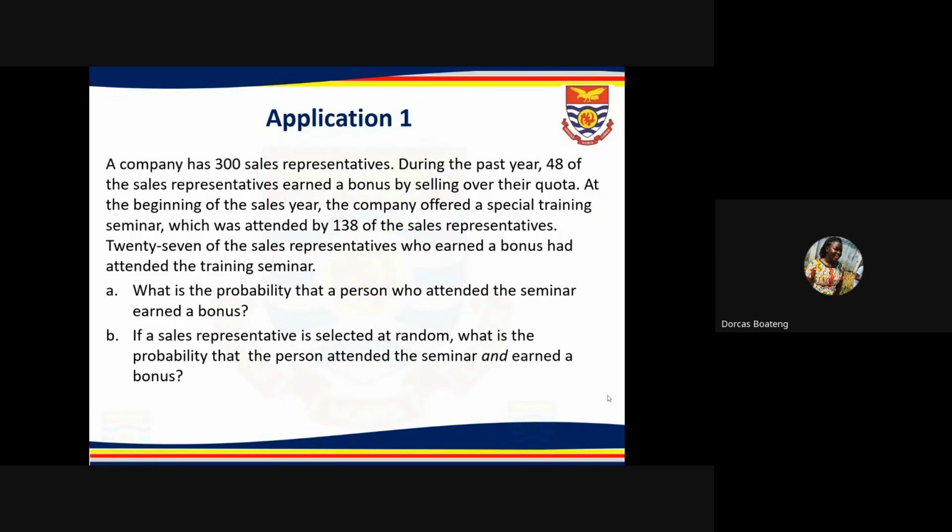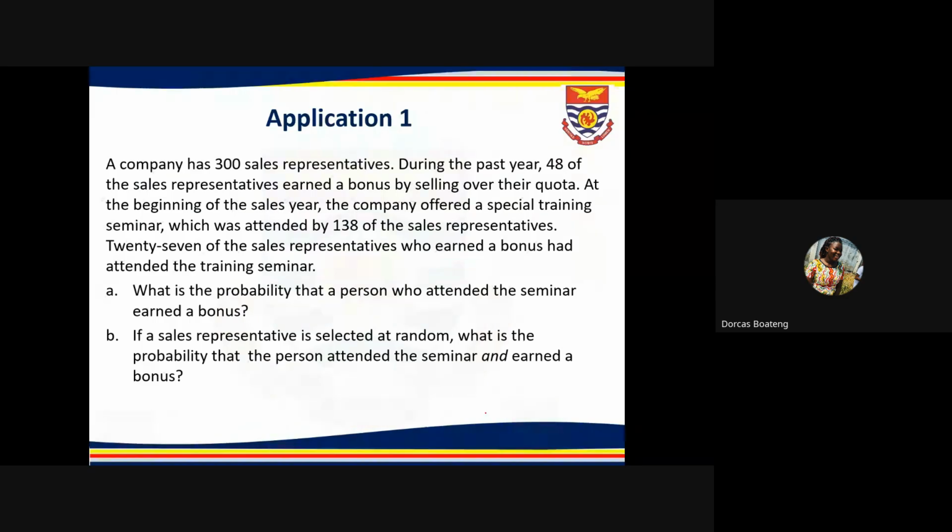A company has 300 sales representatives. During the past year, 48 of the sales representatives earned a bonus by selling over their quota. At the beginning of the sales year, the company offered a special training seminar, which was attended by 138 of the sales representatives. 27 of the sales representatives who earned a bonus had attended the training seminar.